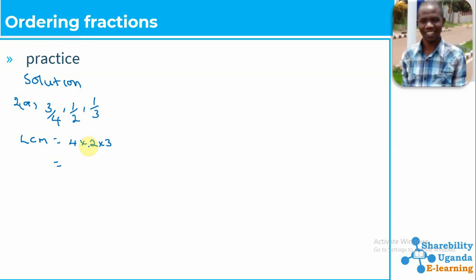So we say 8 times 3. 8 times what? 8 times 3. Someone with an answer? So this simply means you are going to use our answer here as our lowest common multiple of these values of ours.